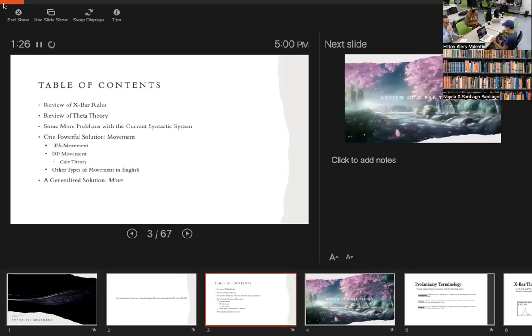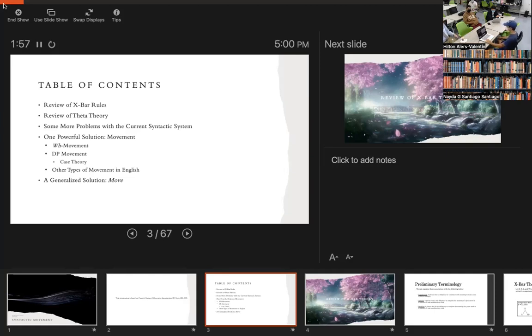But yeah, so we're going to be reviewing some of the stuff that we talked about in the previous syntactic presentation on theta theory. We're going to be first going just really quickly over X-bar rules, and I'm going to go quickly over theta theory because some of that terminology is going to be really useful for understanding these concepts about movement of case. Then we're going to present some more problems that we have not presented before, but now come up even with theta theory and X-bar rules, and we'll bring the powerful solution, movement.